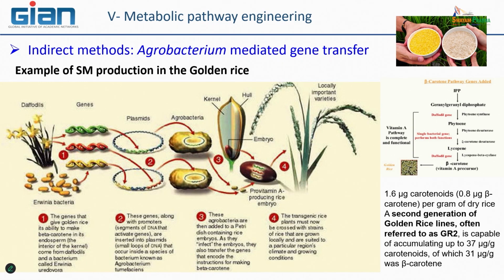And after, they put in contact several parts of the plants, here it was rice, with these two bacteria in order to induce specific cell transformation. And what they were looking for at this moment was a co-transformation with the two plasmids in the same cell.